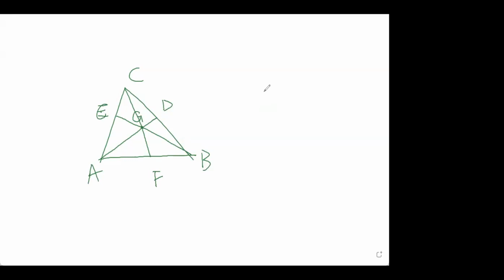And we know G is the centroid because we have 3 midlines, and now we wonder which quadrilateral we should use the Ptolemy inequality in.